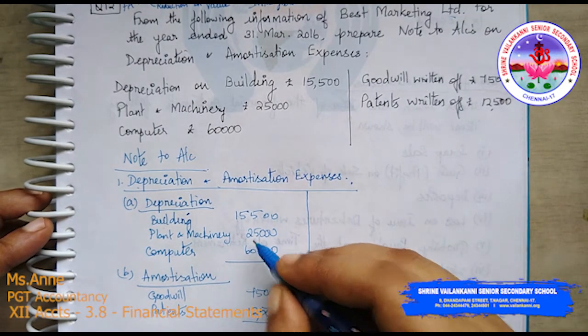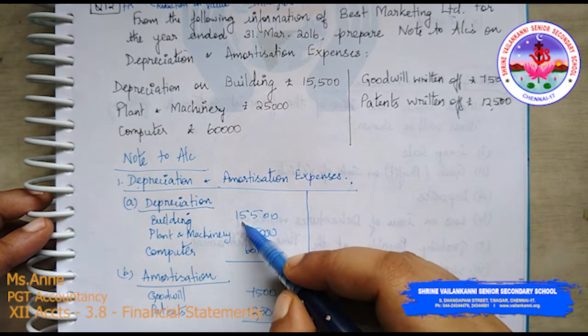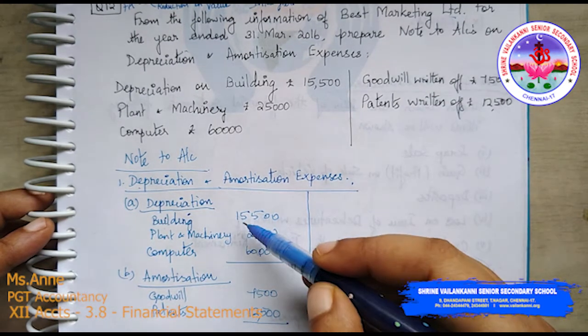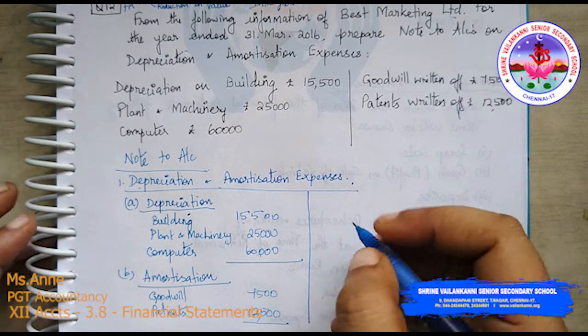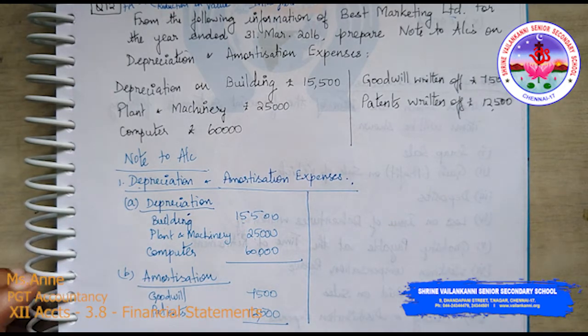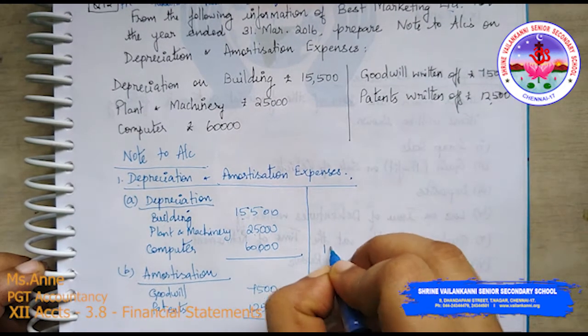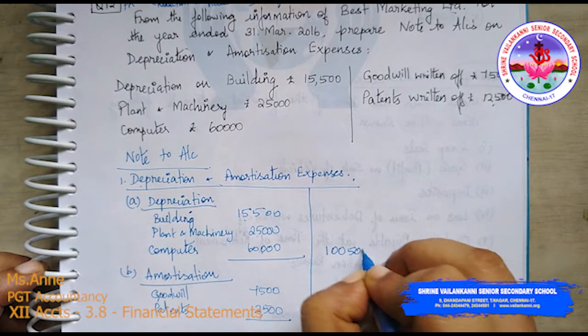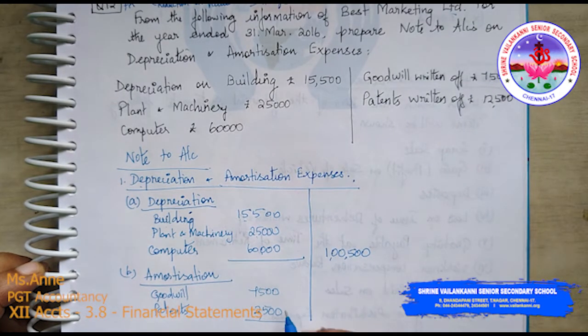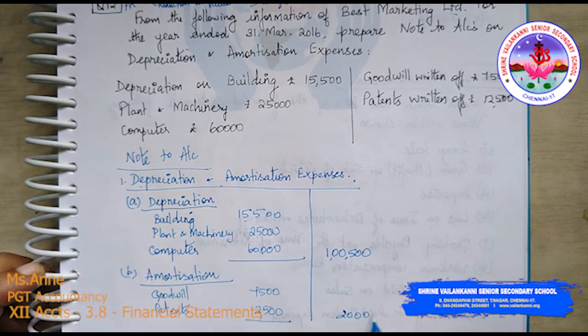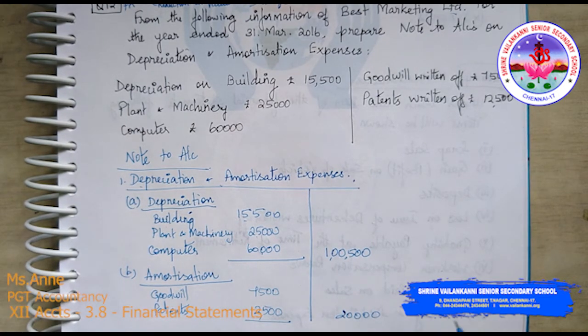60, 70, 80, 90, 1,05,000. Here it is 20,000. So you will show it together in the total.